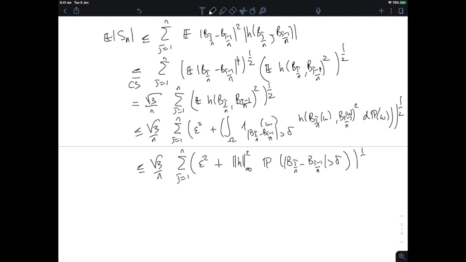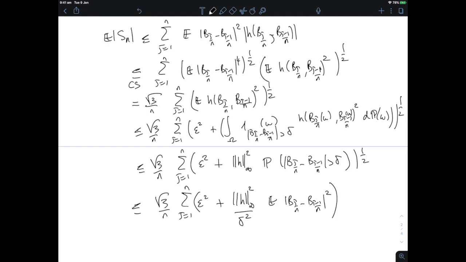And then all of that is raised to the power 1/2. But now this is smaller than square root of 3 upon n, sum from j equals 1 to n, of epsilon squared plus sup norm of h squared, controlled by 1 over delta squared times the expectation of (B_{j/n} minus B_{(j-1)/n}) squared, and then raise that to the power 1/2.